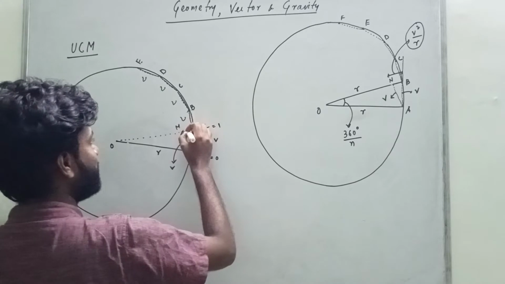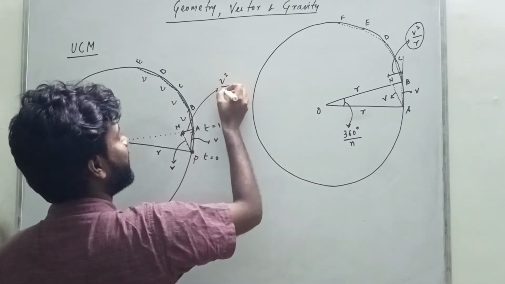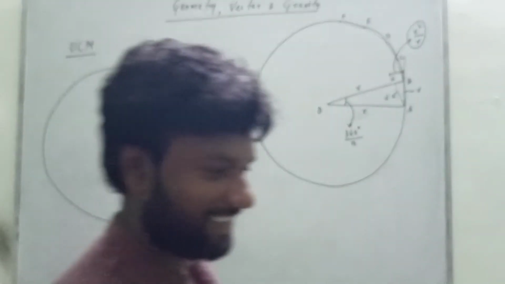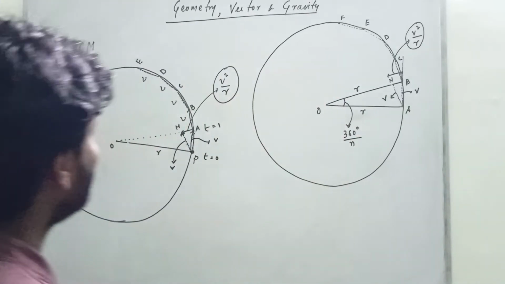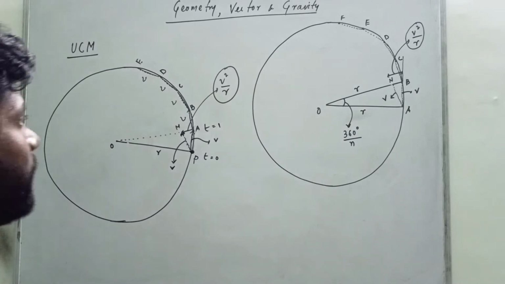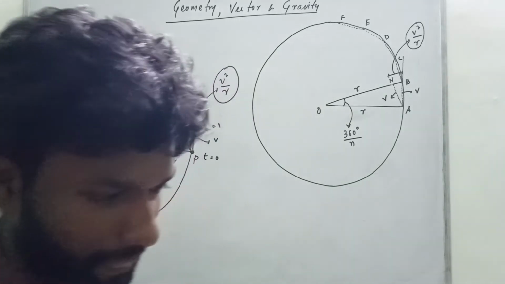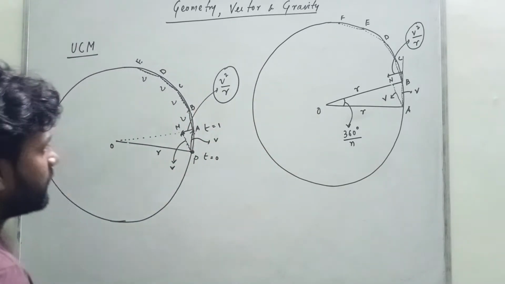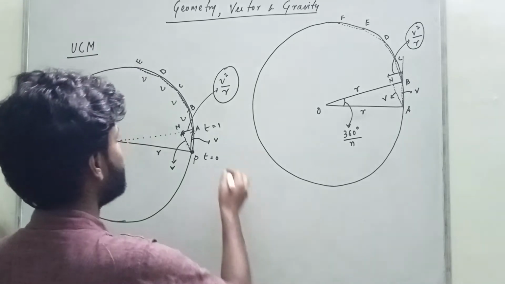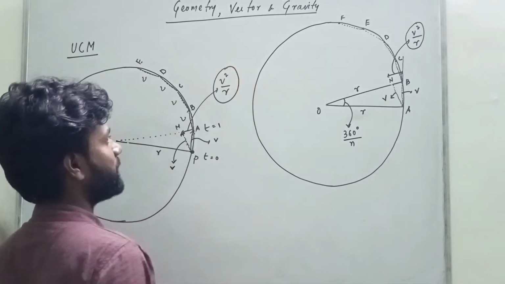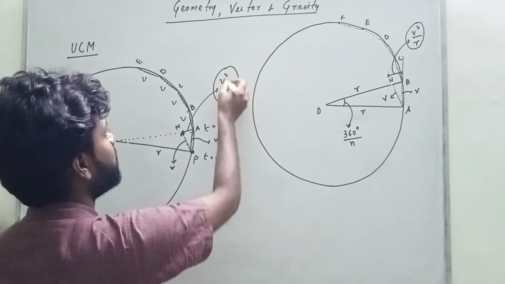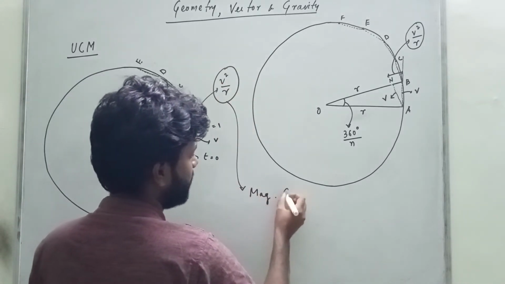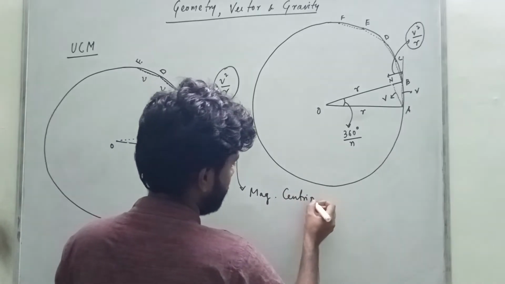So it is obviously V squared by R, our centripetal acceleration, I mean the magnitude of centripetal acceleration, V squared by R. So if the particle with speed V traced a circular path with radius R, then the magnitude of centripetal acceleration is just V squared by R, right?